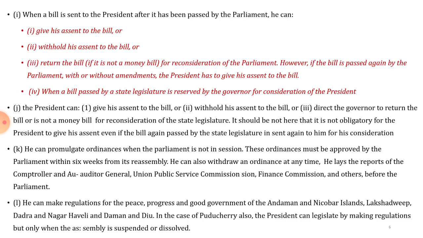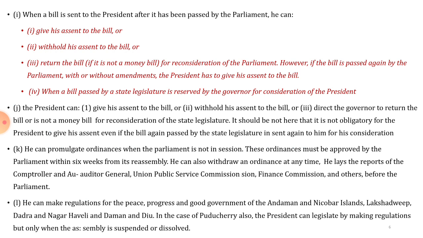Along with that, there are other powers. When a bill is sent to the president after it has been passed by the parliament, he can give his assent to the bill, or withhold his assent to the bill, or return the bill for reconsideration of the parliament. However, if the bill is passed again by the parliament with or without amendment, the president has to give his assent to the bill.